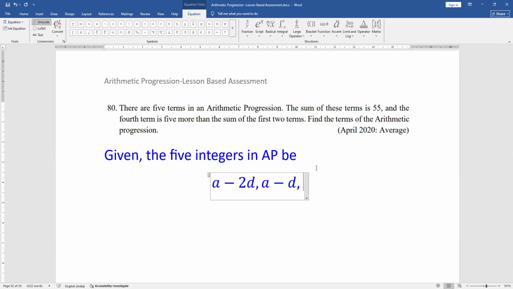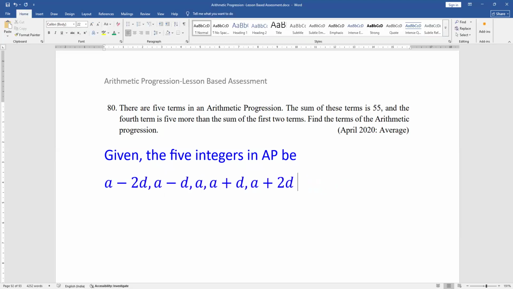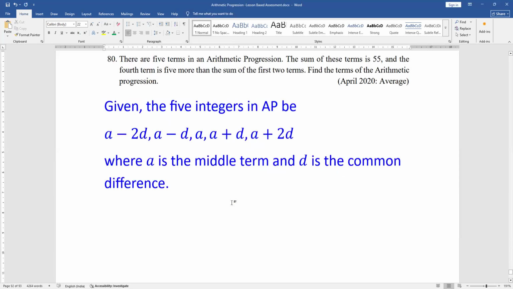The third integer I take as A, the fourth integer I take as A plus D, and the fifth integer I take as A plus 2D. Where A is the middle term and D is the common difference.